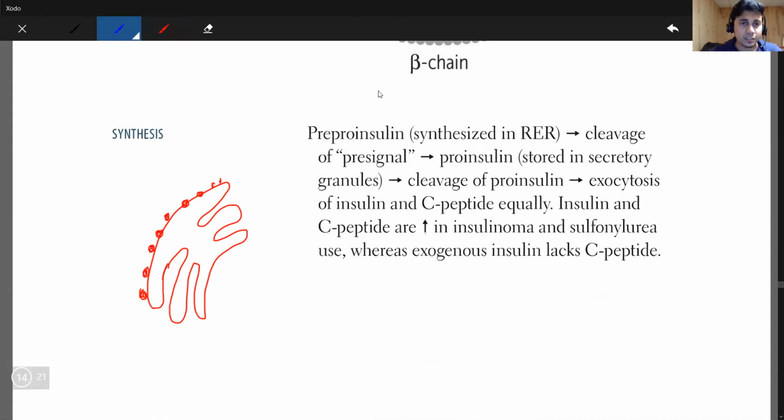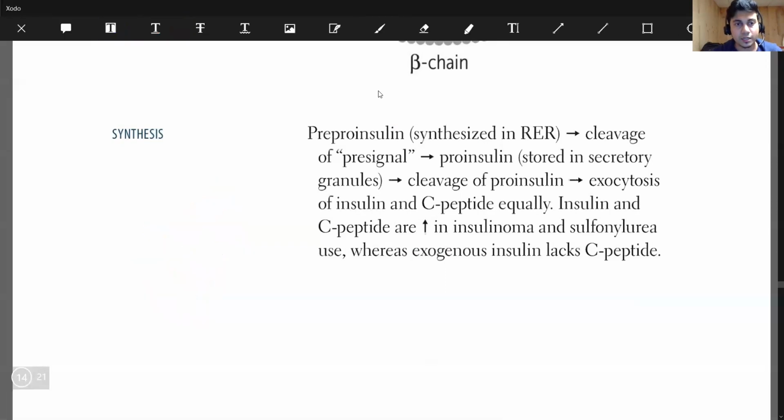Now, while this insulin is getting generated, let's say in the ribosome that is attached to some endoplasmic reticulum, one signaling molecule attaches with this insulin. And that signaling molecule will pull this insulin inside the rough endoplasmic reticulum.